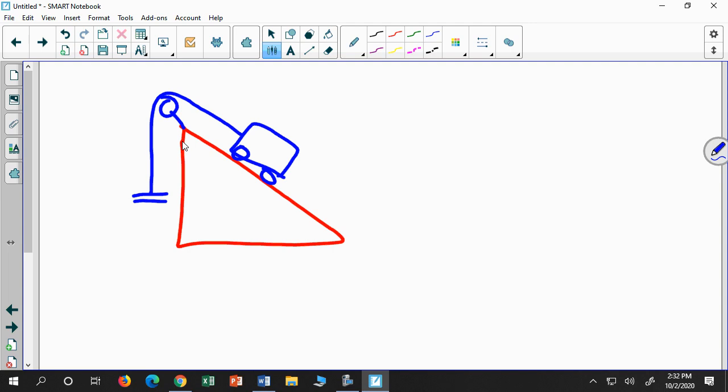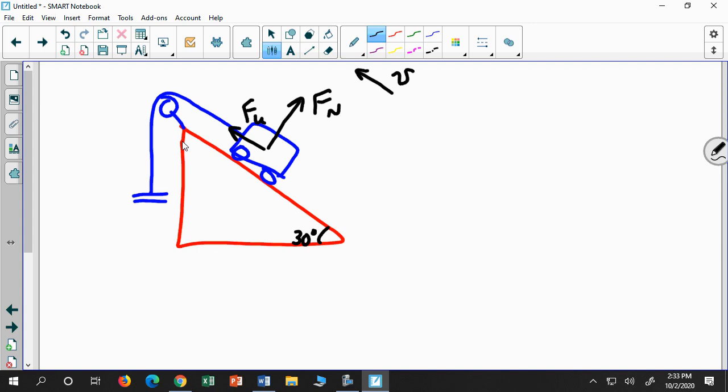You could do this on the diagram if you want, or you can make a separate one. I'll do both. I'm going to draw my normal force right here. This is Fn. By the way, this angle is 30 degrees, we'll say. I will tell you that this is moving with a velocity up the inclined plane. So I have a force that's pulling it up the inclined plane. Do you remember what we called this?